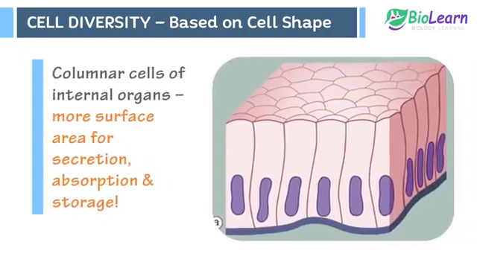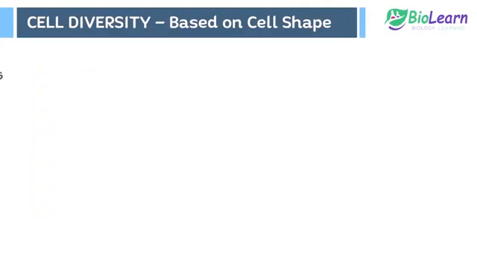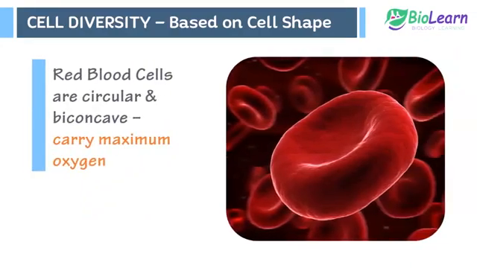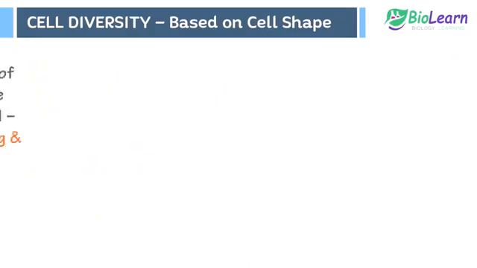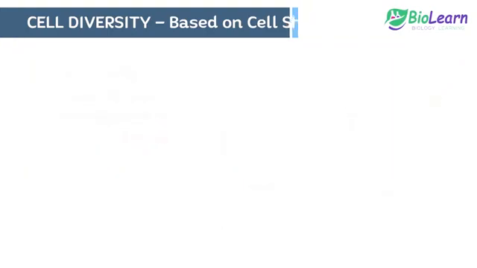Some internal organs have columnar cells which increase surface area for secretion, absorption, and storage of food. Red blood cells are circular and biconcave, which allows them to carry maximum oxygen. Guard cells of stomata in the leaves are bean-shaped to facilitate opening and closing of the pore.